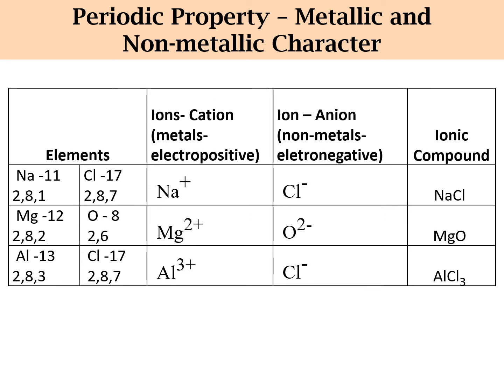Third column you can see this, and it becomes negatively charged Cl minus, because now the negative charge over it has increased by 1. Same way, oxygen gains 2 electrons from magnesium and becomes O2 minus, because it has accepted 2 electrons and so 2 unit negative charge over it has increased.